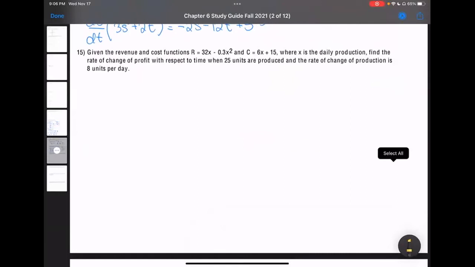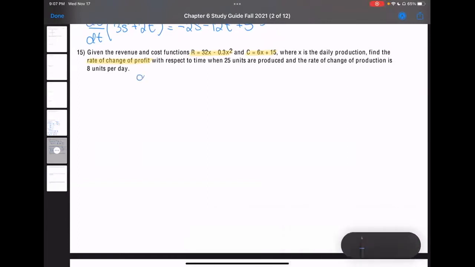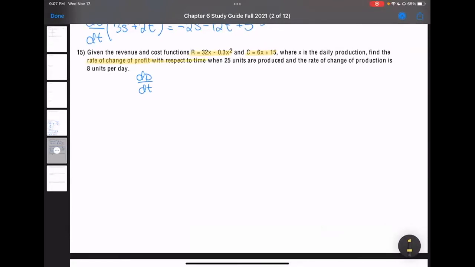So right off the bat, we have revenue and cost functions, which we know are going to be important, where x is the daily production, so x is our variable there. Find the rate of change of profit with respect to time. So we know right off the bat that that's what we're looking for. We're looking for dP/dt, rate of change of profit with respect to time.